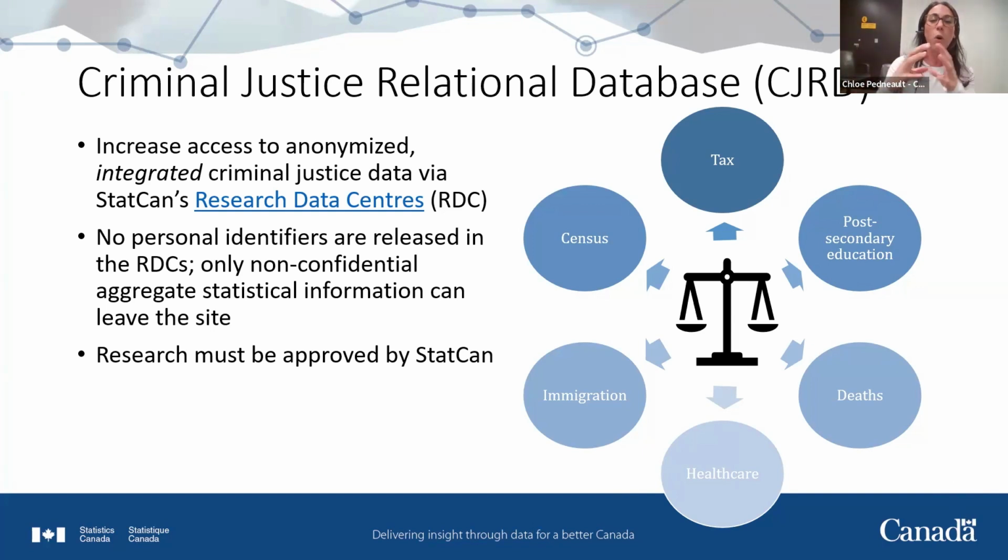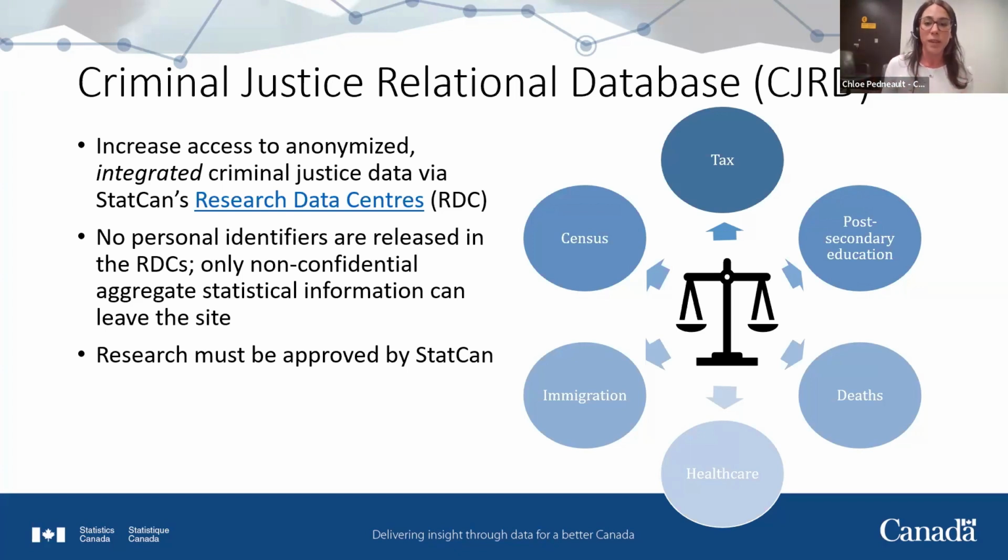So the core of the database is the justice data. Currently, and I'll go into more detail later, the core data sets are the Integrated Criminal Court Survey, which consists of court data, and the Canadian Correctional Services Survey, which consists of correctional data.